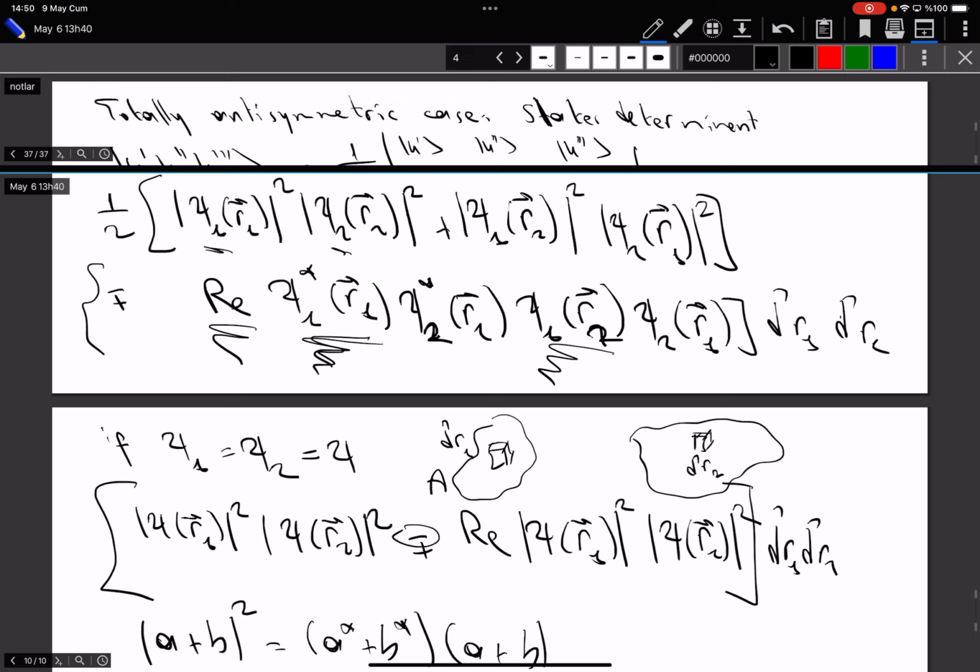And if the argument of psi2 is out of this region B, that is 0. Now, if you look at the second term, this multiplied by this, they're both psi1s. One is located in there, but the argument of one is in region A, the other one is region B. So that is 0. Only if these d cubed R1s are close to each other, the second term will be important.